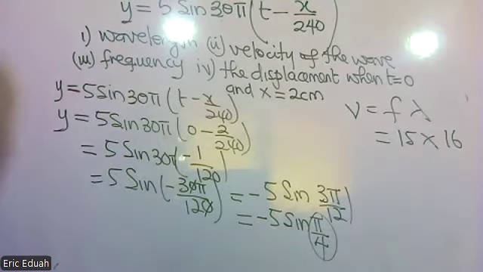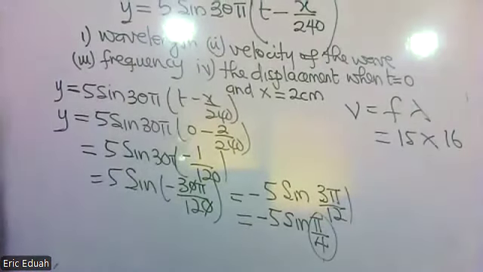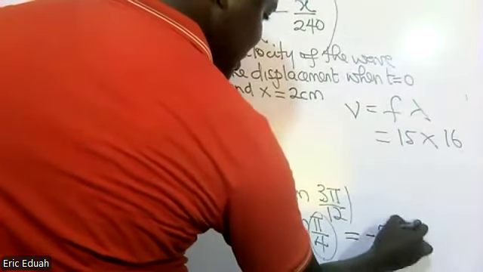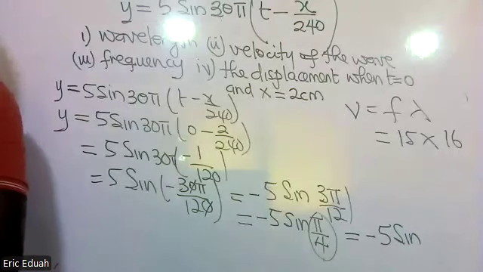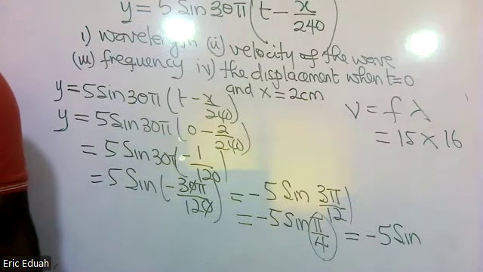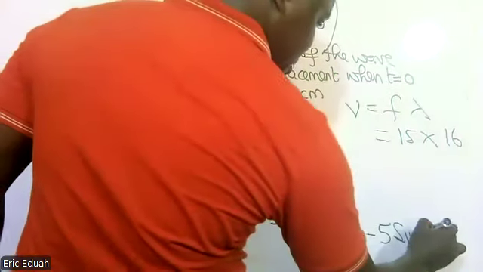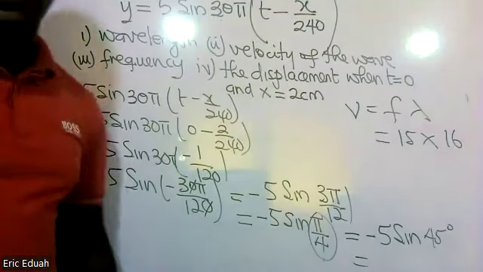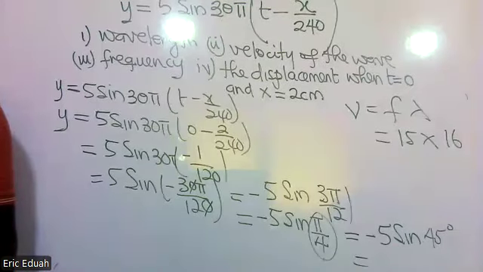Okay. So let's change pi on 4, which is an angle in radian, to degree. So we have minus 5 sine of, what is pi on 4 in degree? 45 degrees. So we have changed the angle in radian to degree. Sine 45 is root 2 on 2.